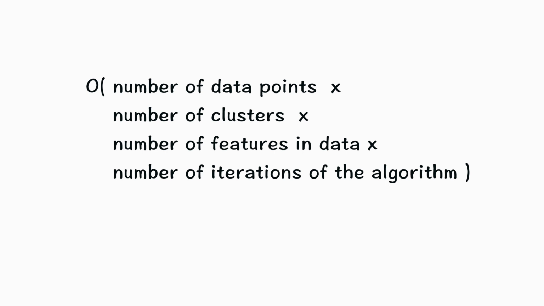For datasets with good structures, generally the algorithm converges pretty quickly. That is, there will be a small number of iterations. In practice, k-means algorithm is a quite fast algorithm. I would say that it is one of the most widely used algorithms in the field of data science. It is widely used for exploratory analysis.